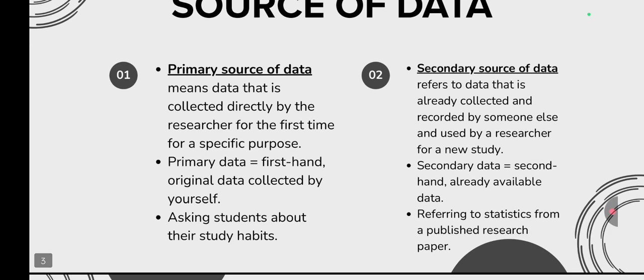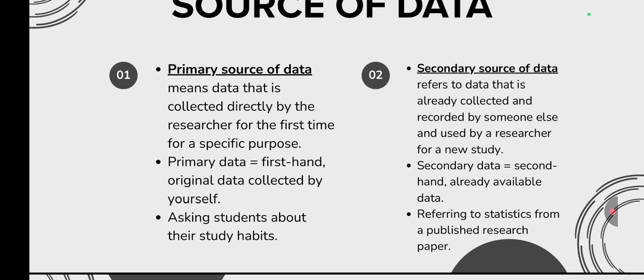Primary data is first hand original data collected by ourselves. An example is asking students about their study habits, or an interview. That comes under primary source of data. And the secondary source of data means data that is already collected or recorded by someone else, and it is used by another person for their own study.